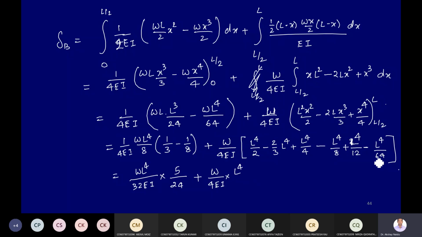What can be the LCM? 128, no, 12 and 64, 64 threes, no, just a second.